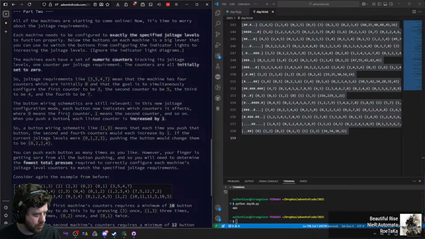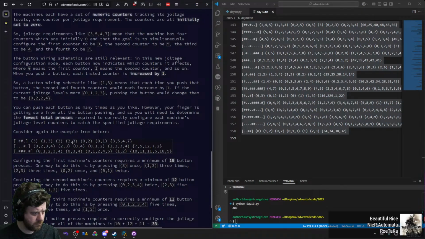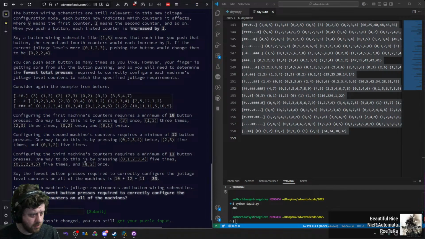If the current joltage levels were 0, 1, 2, 3, pushing the button would change them to be 0, 2, 2, 4. Configuring the first machine's counters requires a minimum of 10 button presses. One way to do this is by pressing 3 once, times 2 times once and twice. Configuring the second machine's counters.